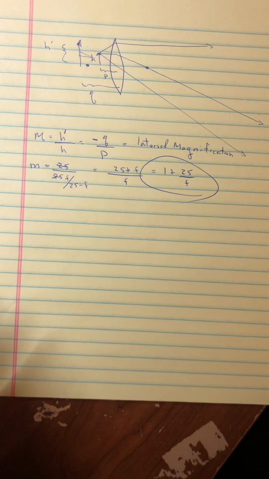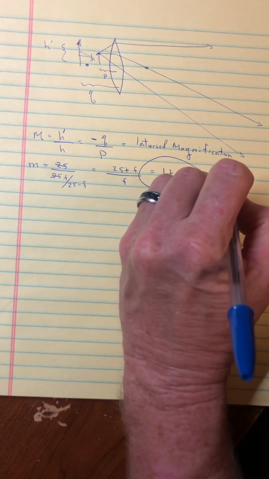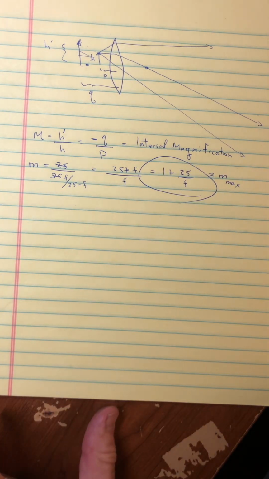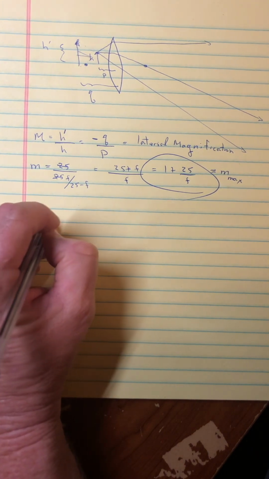That's what we call the best you can do. Sometimes we call this M max, the maximum you can do. There's also what we call relaxed.